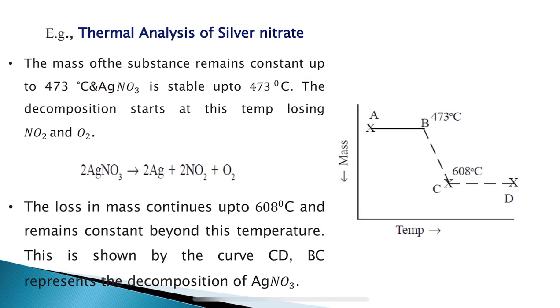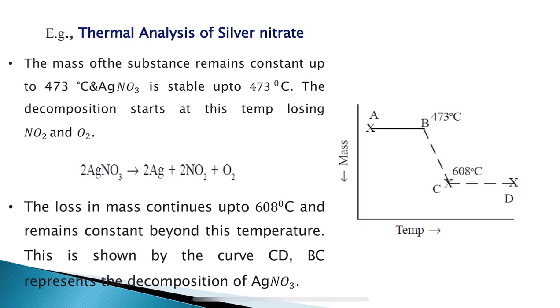Okay. So, the mass of the substance remains constant up to 473 degree centigrade. Till here, no decomposition is going to take place. That means the silver nitrate is stable till 473 degree centigrade. No decomposition is observed.